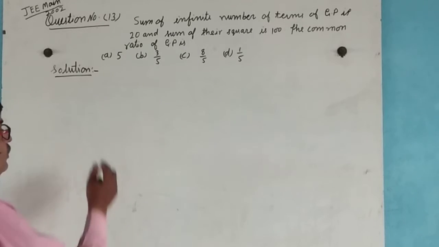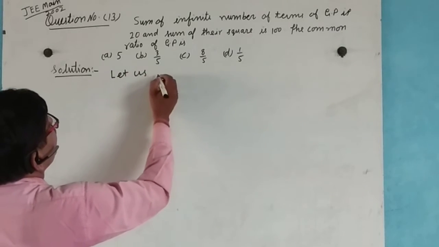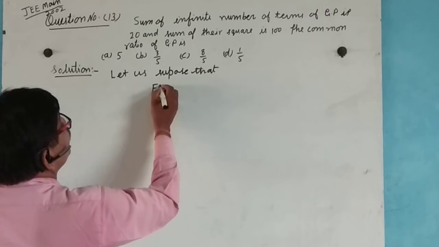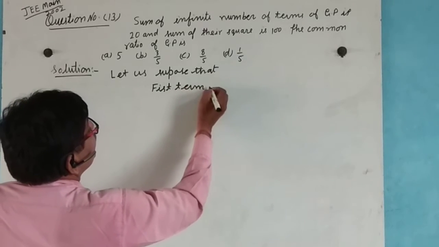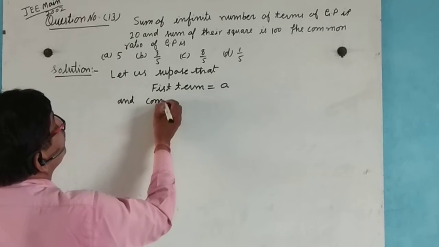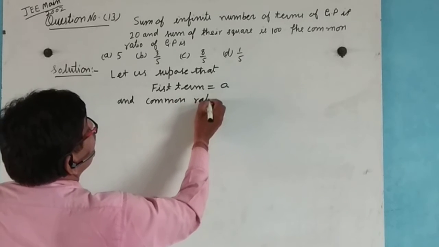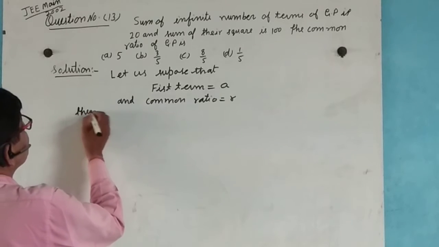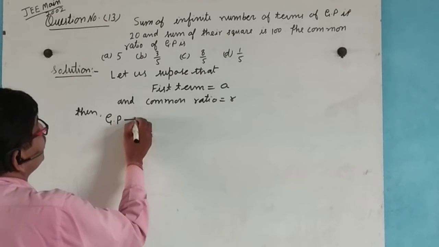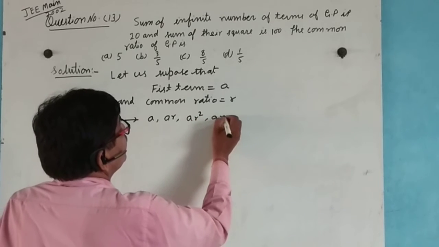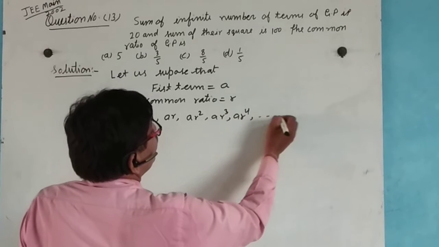Let us suppose the first term is A and the common ratio is R. Then the geometric progression is A, AR, AR square, AR cube, AR power 4, and so on.